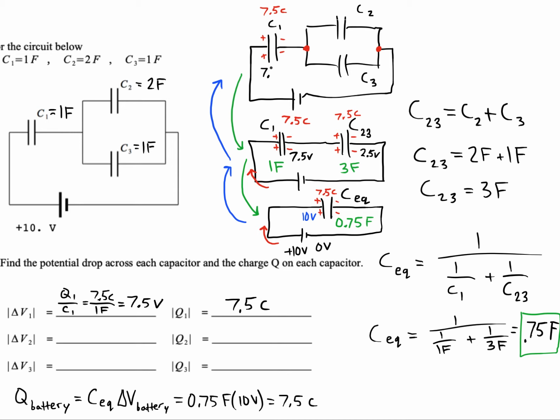So we know this is 7.5 volts. Capacitors in parallel will have the same voltage drop, so there'll be 2.5 volts dropped here and a similar 2.5 volts dropped there.